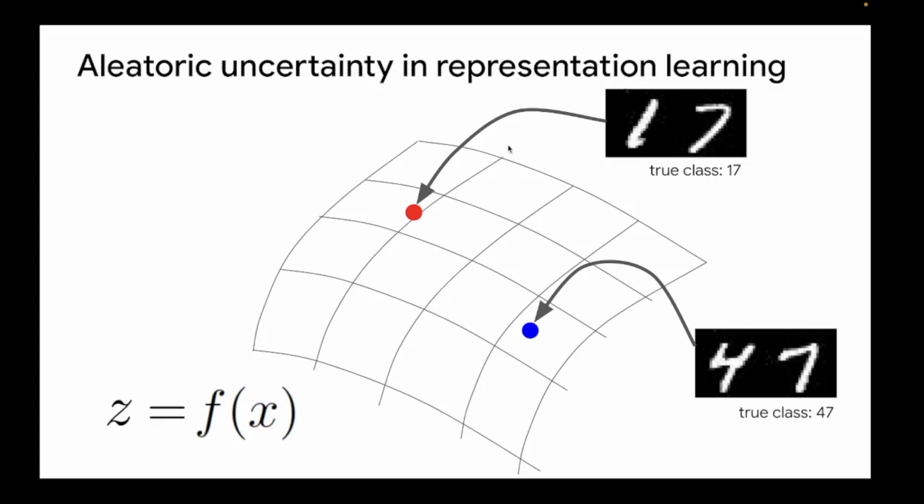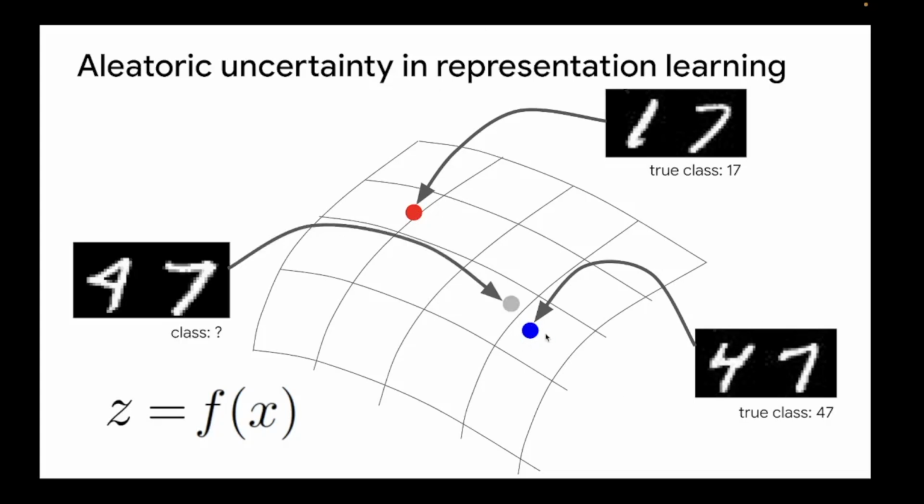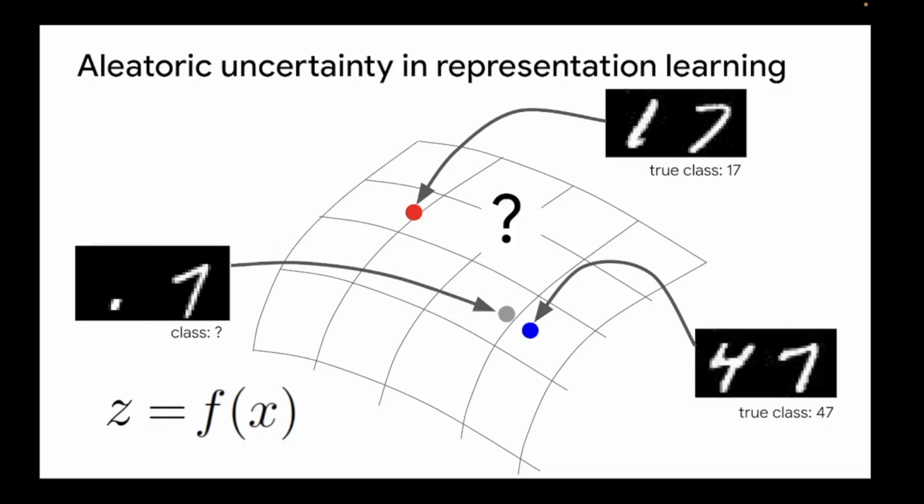And let's say 17 is mapped here and 47 is mapped here. If a new 47 comes, then we're going to map it there. If 17 comes, then we're going to map it there. No problem at all. But the problem arises when there's a new sample which has some aleatoric uncertainty.